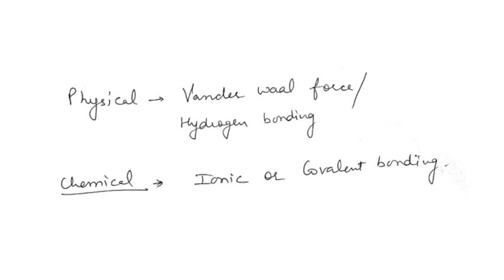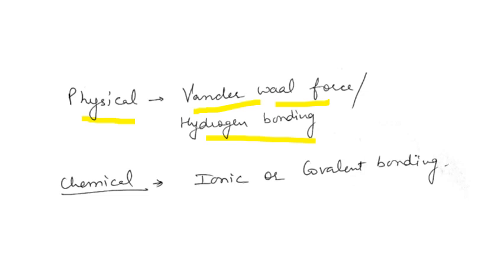If it is physical attraction, we can say it is a weak attraction, and that force of attraction is called van der Waals force. Understood? So it's a physical attraction force as well as hydrogen bonding. If they are having the hydrogen atom, it forms the bond with that physical attraction.